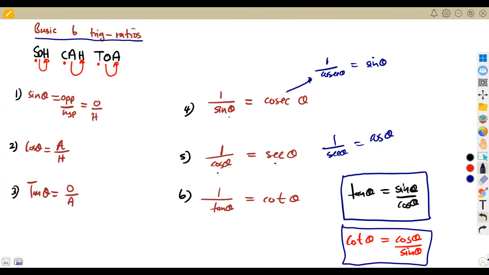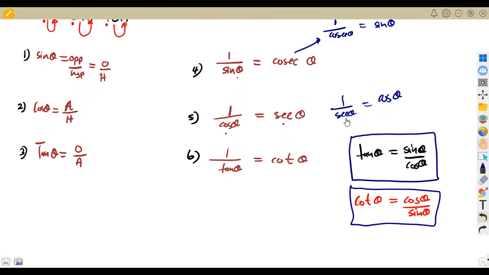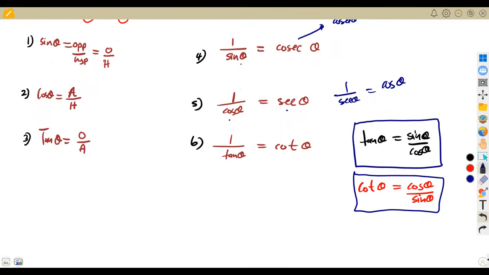Okay, so like I said, I want us to see where this was actually taken from. Let's just not say it's something that just came. If we say sine over cos, remember tan is opposite over adjacent. If we say that tan of theta is equal to sine theta, and sine theta is equal to opposite over the hypotenuse, divided by the cosine of theta, and the cosine of theta is adjacent over hypotenuse.